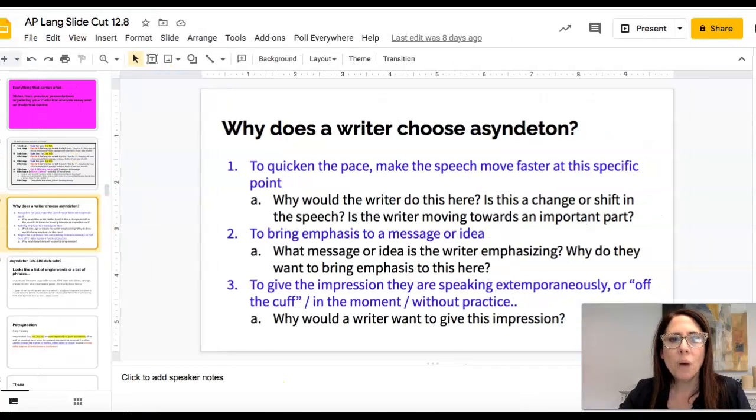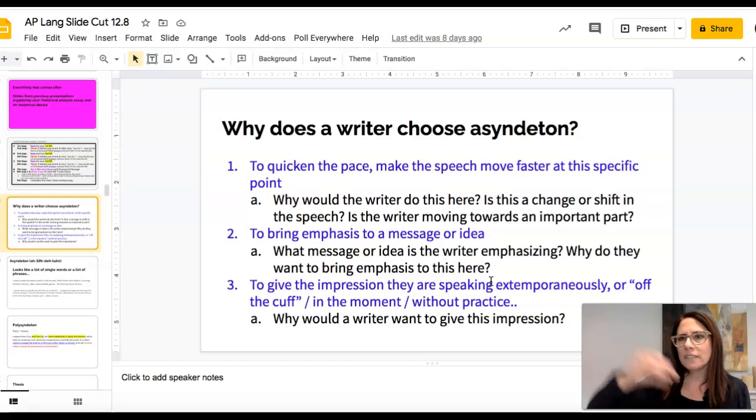Here are some reasons why a writer would choose asyndeton. We went over it: to bring emphasis. We didn't really talk about: to give the impression that you're just speaking off the cuff. And we call that speaking extemporaneously. That you're not planned, that you're really connecting with the audience, like you're really having a moment with them, because it seems like you're going off in a different direction, but he knows that he's not.